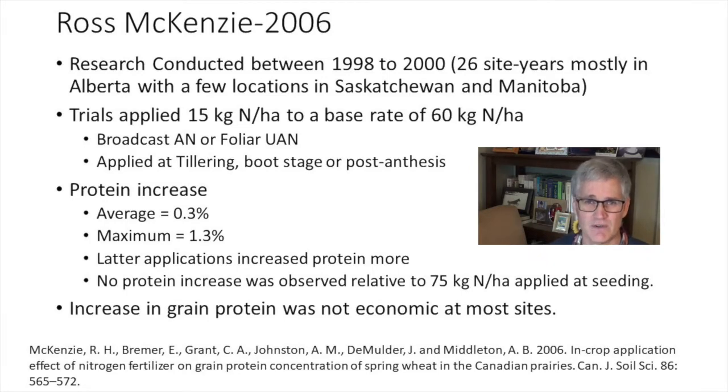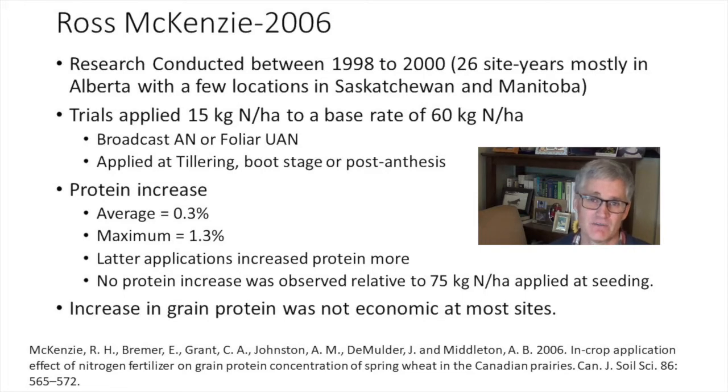Ammonium nitrate's not available anymore. It is a great product for this because the ammonium nitrate is not susceptible to volatilization. However, you can make explosives from it. So we don't have it anymore. Anyway, he looked at those nitrogen rates applied at the tillering, boot stage, and post-anthesis.